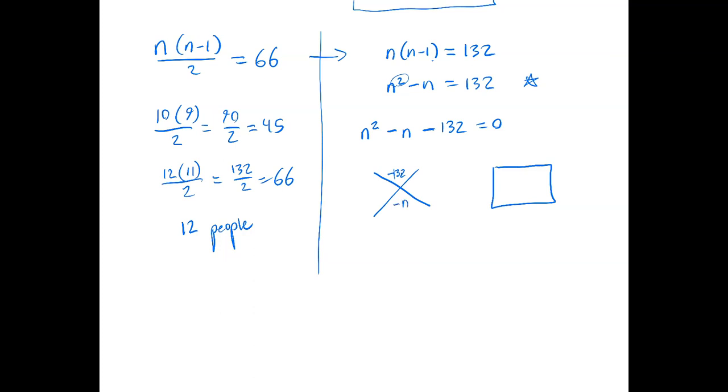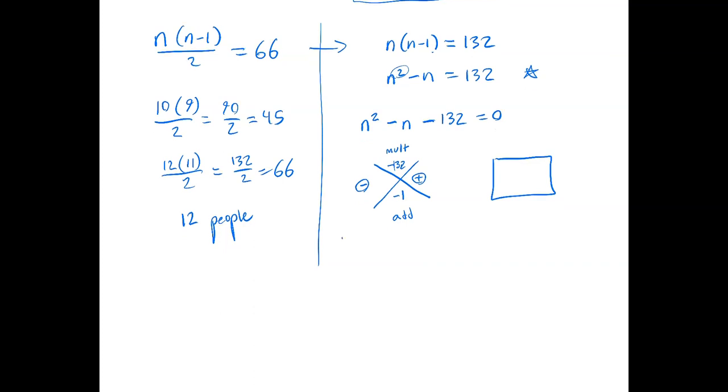Okay, and so what we're trying to do, I just like using numbers instead of the variables. So what we're trying to do is get 2 numbers that multiply to make this and add to make this. Okay, so I know if they multiply to make a negative, one is negative and one is positive. All right, and so what I'm going to do is I'm going to go down and go, well, is it 1 times 132? No. 2 times 66?